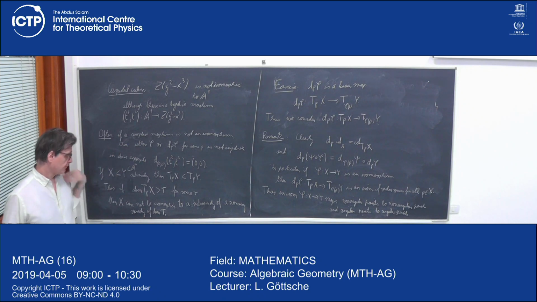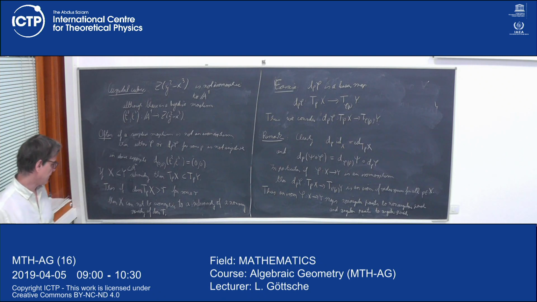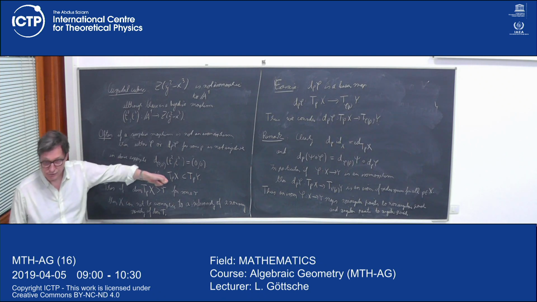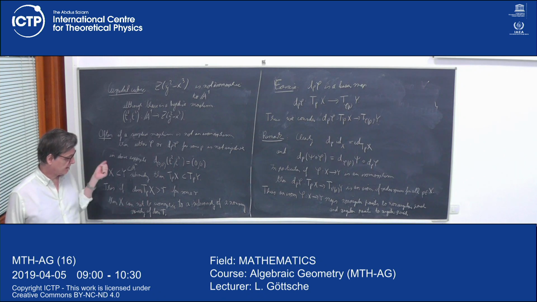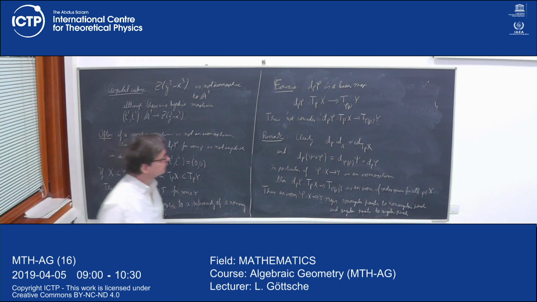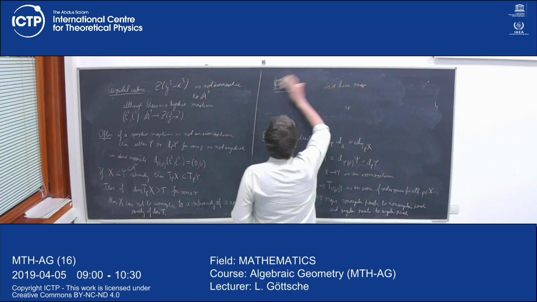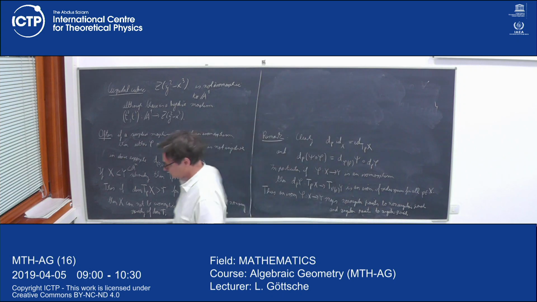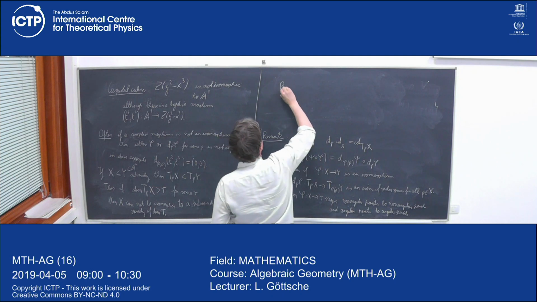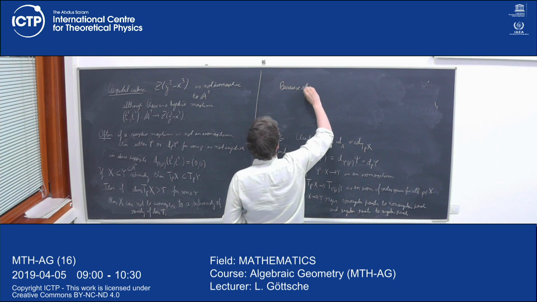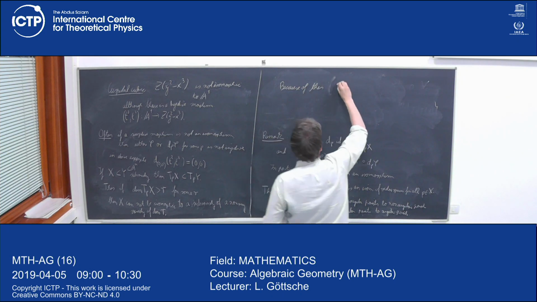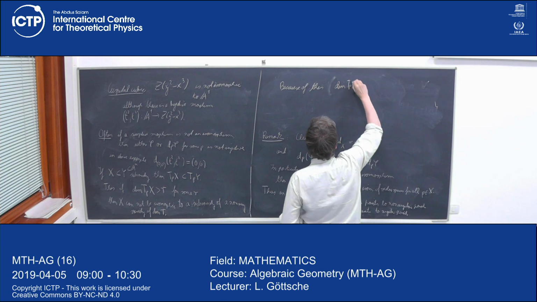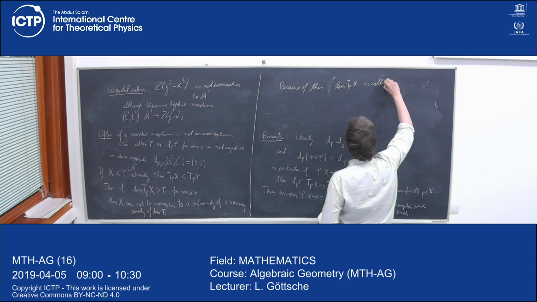Okay. So for this reason, it's some kind of obstruction to embedding it into smooth varieties. The dimension of the tangent space at P is also sometimes called the embedding dimension of X at P. So the dimension of T_P X is called the embedding dimension.